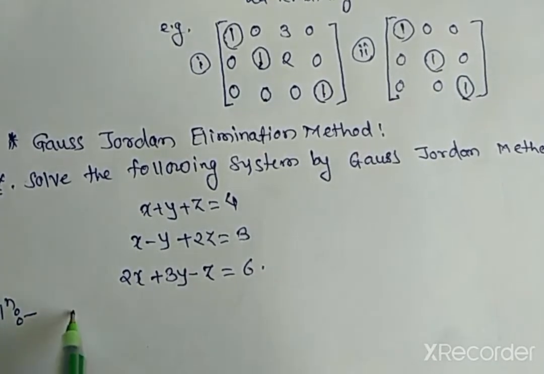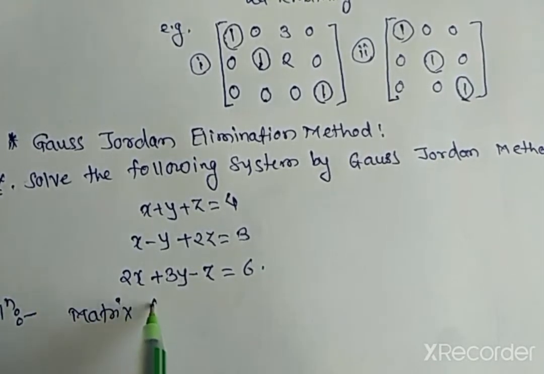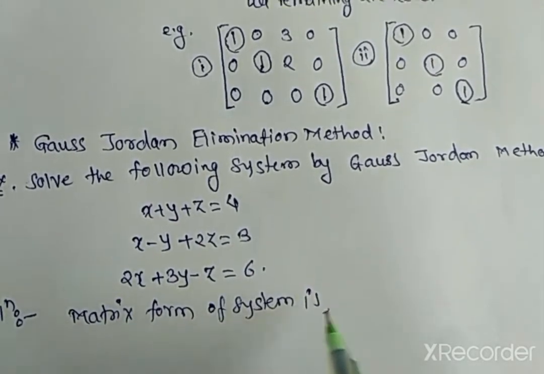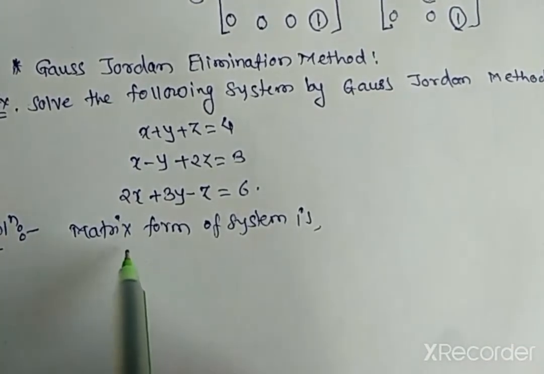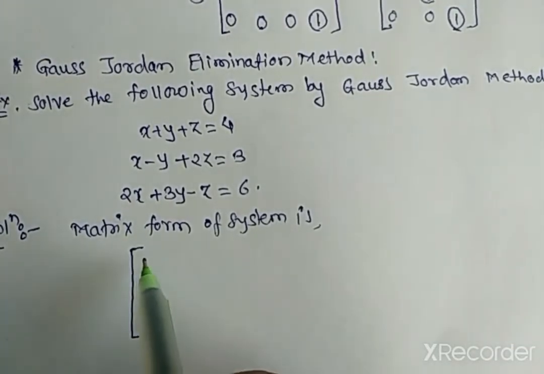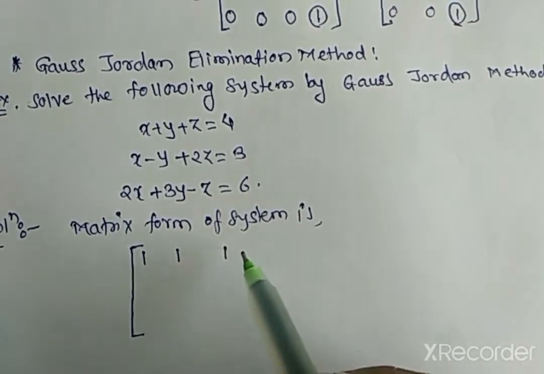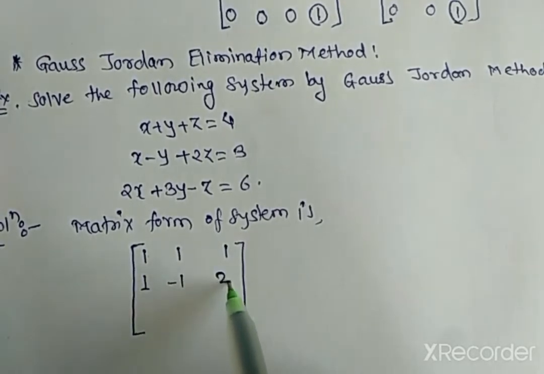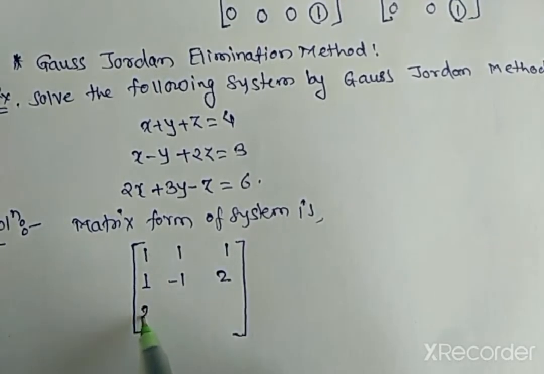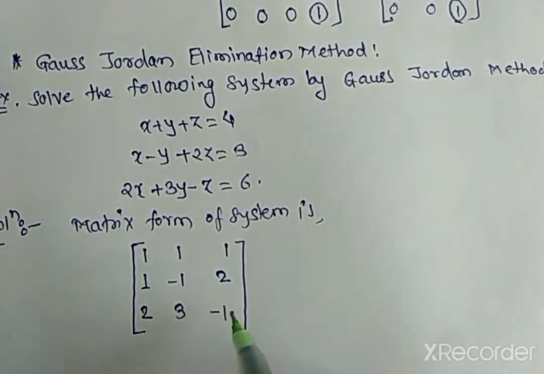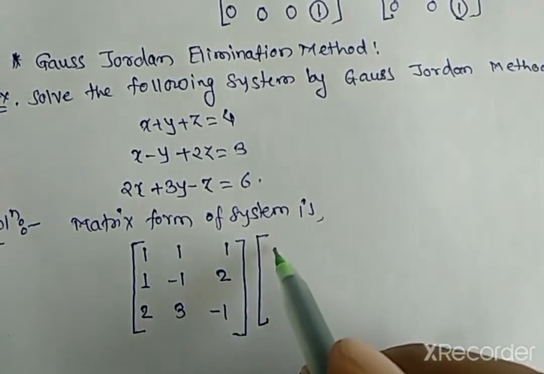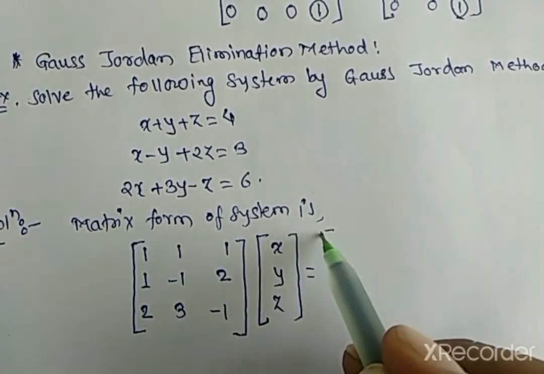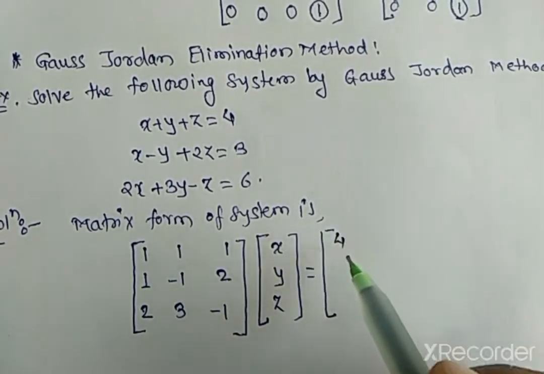First we write the matrix form of the system. The first equation gives 1 1 1, the second row will be 1 minus 1 2, the next equation gives 2 3 minus 1, the variable matrix is x y z, equal to the constant matrix 4 3 6.